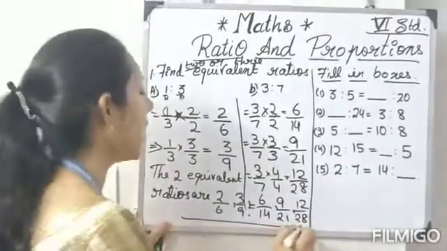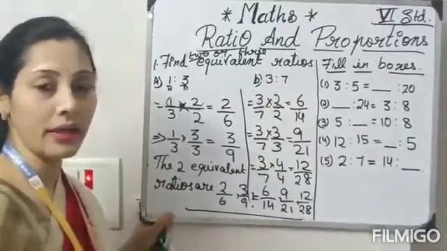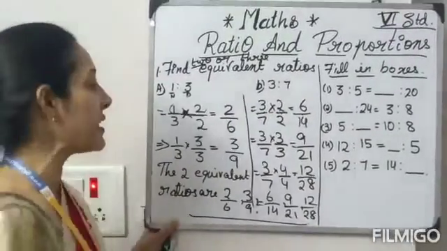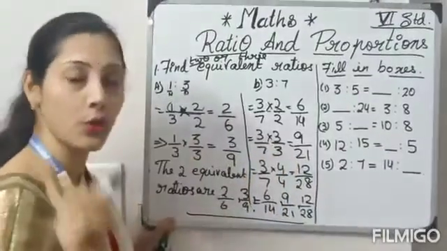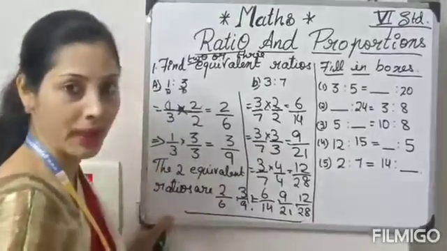Very easy, no? If you get 3 equivalent ratios, you can have 4 marks for that question. You can score very easily, but your multiplication should be correct.